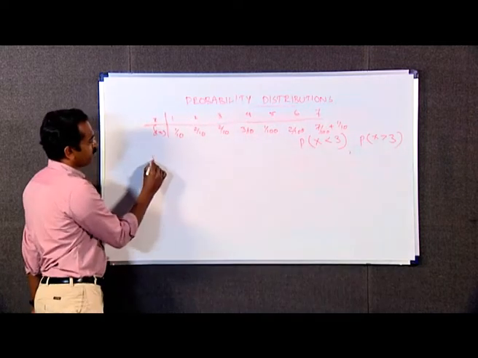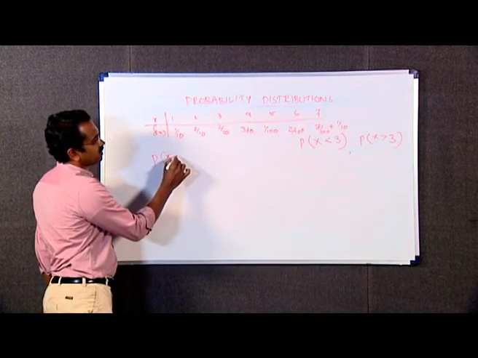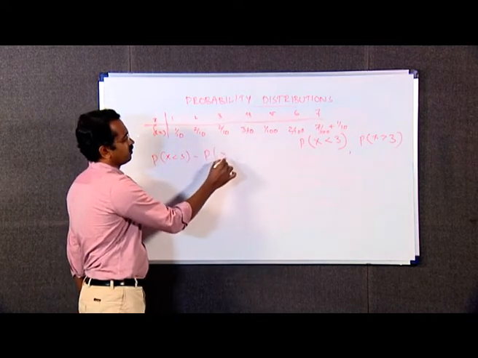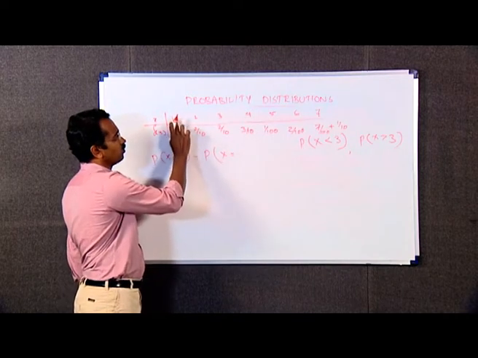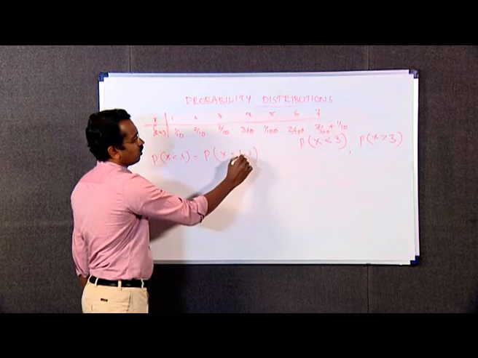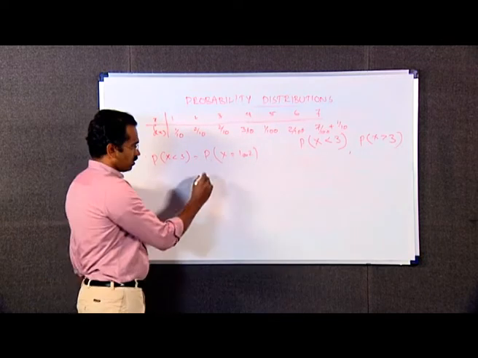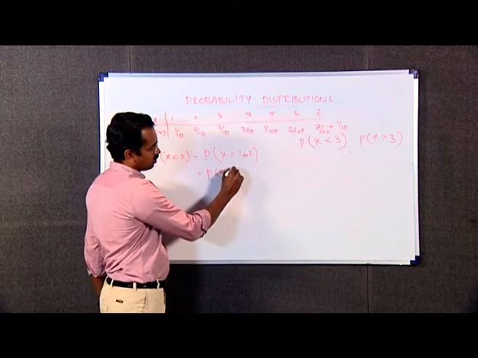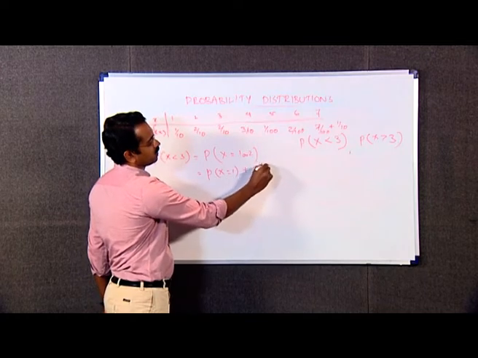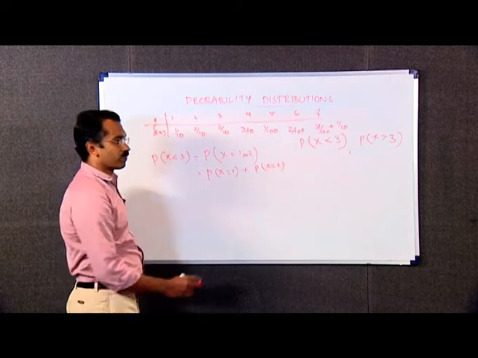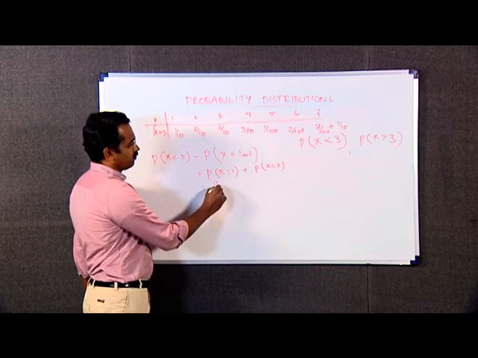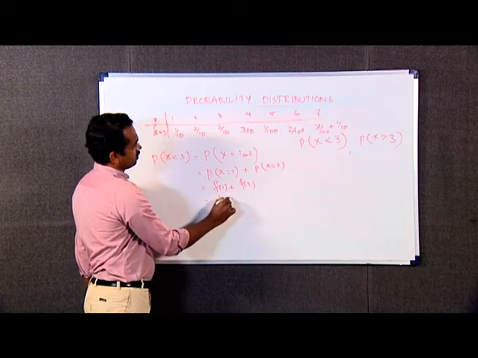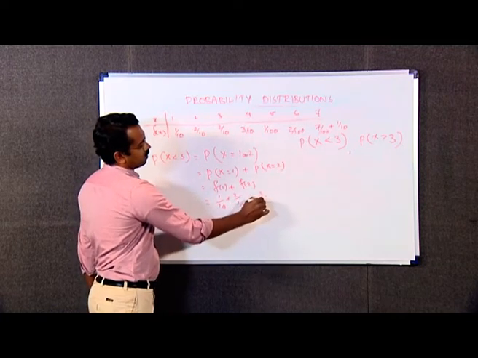First one is P of x less than 3, that is x equal to 1 or 2, which is equal to probability of x equal to 1 plus probability of x equal to 2, that is f of 1 plus f of 2, which is equal to 1 by 10 plus 2 by 10 is equal to 3 by 10.